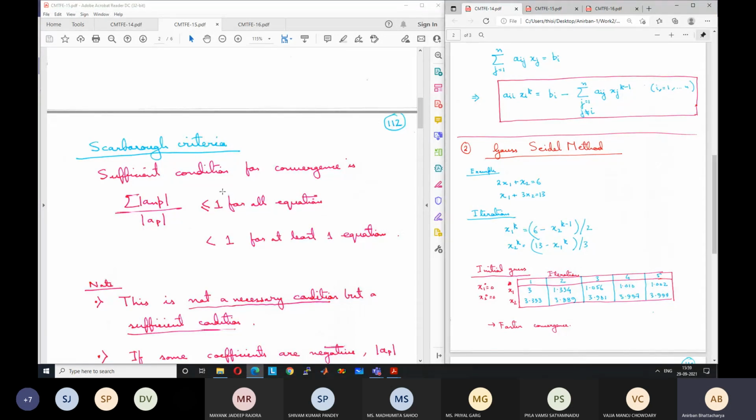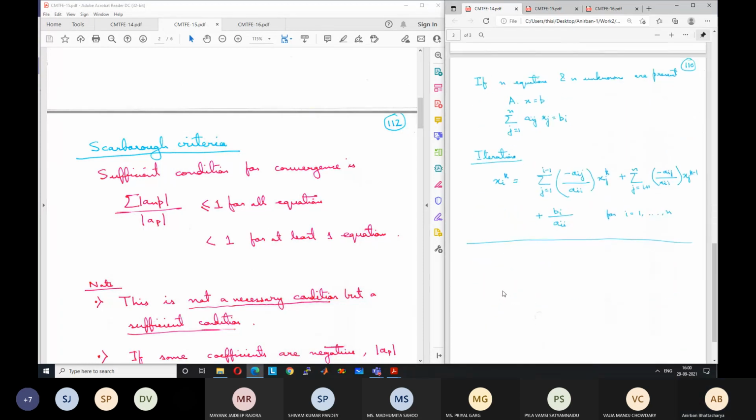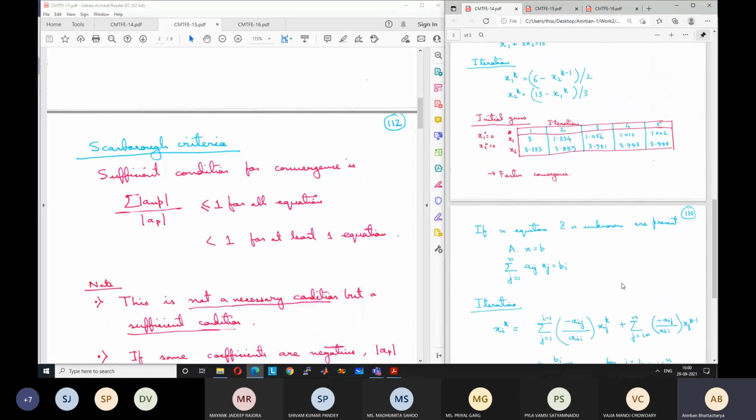So it means that the overall set of equations satisfies this Scarborough criteria. So we are guaranteed convergence in this form. Whatever is the initial guess, we should go to the correct solution. Even if you start with a very arbitrary guess, it may take more number of iterations.